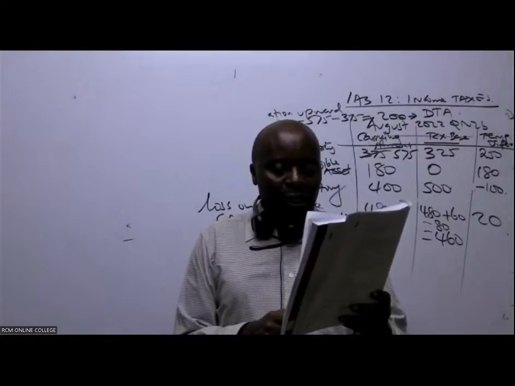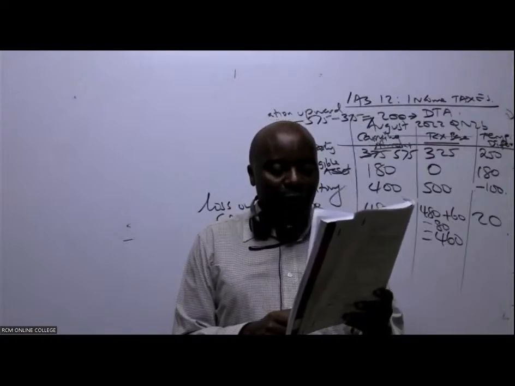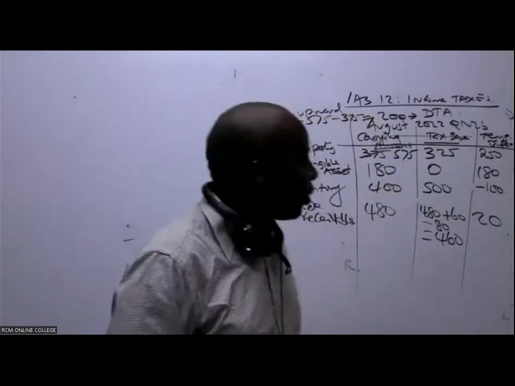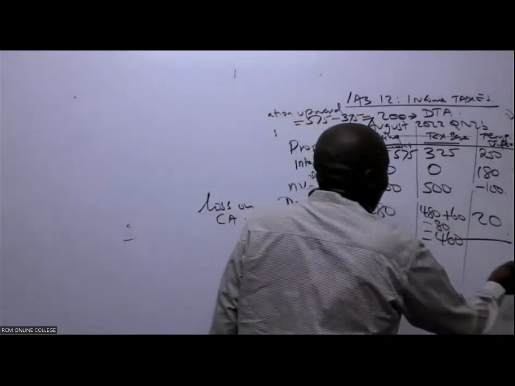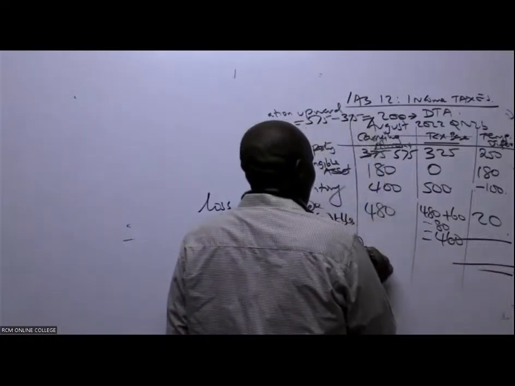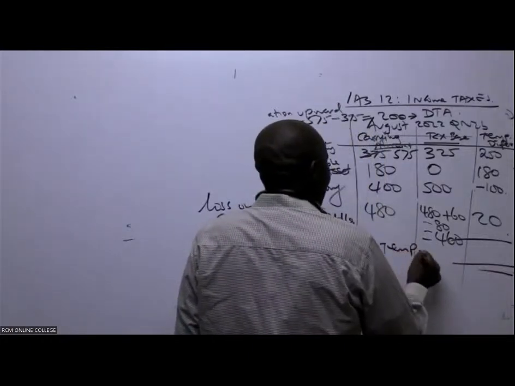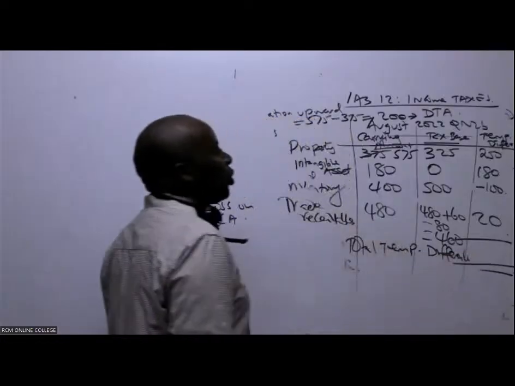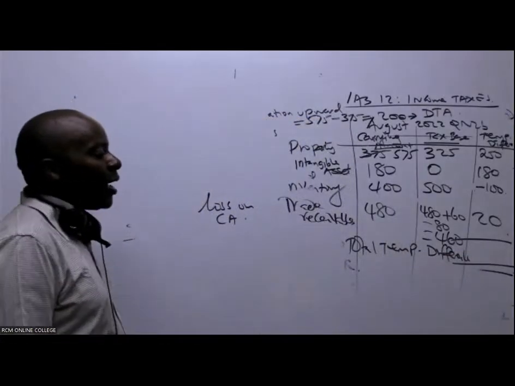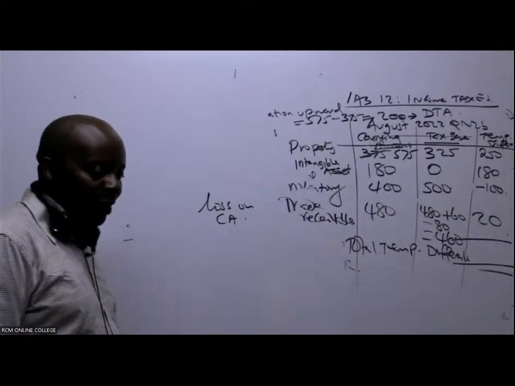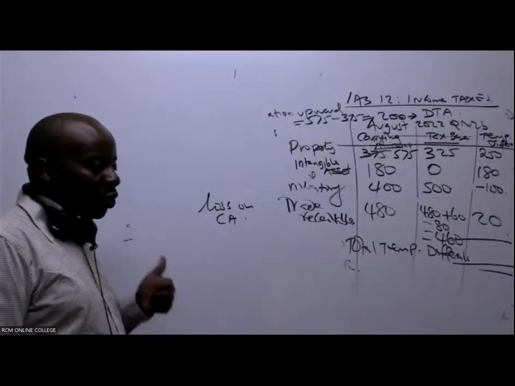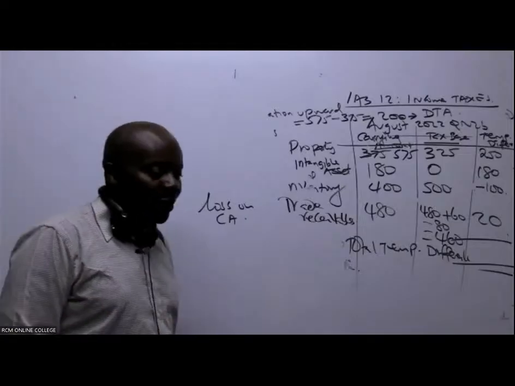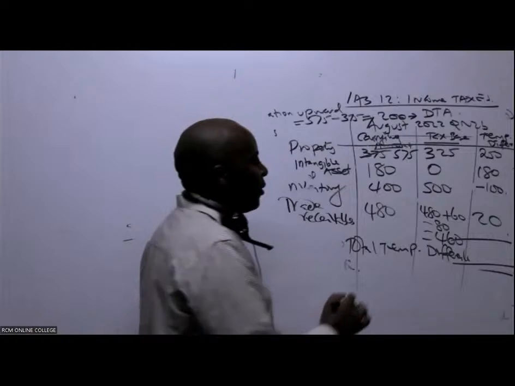Now we are told that the balance of the deferred tax liability can't come here. Income tax, we are through. So come and add here the total temporary difference. What figure do we have? 350.